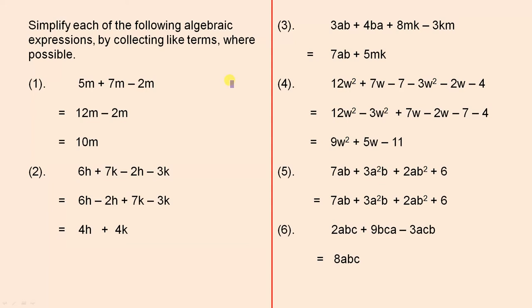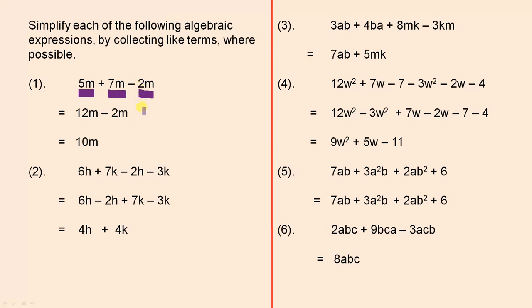Simplify each of the following algebraic expressions by collecting like terms where possible. So this is an algebraic expression with three terms connected by plus and minus. We notice that the letter m occurs in each case, so each of the individual terms contains the letter m. They are all like terms.